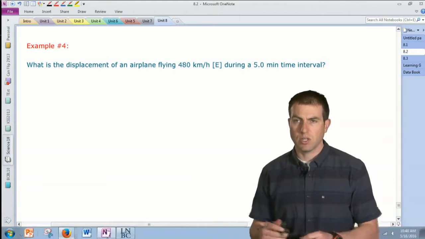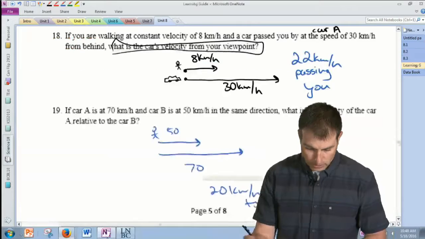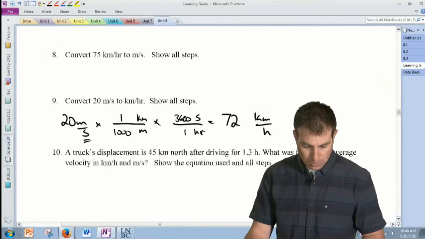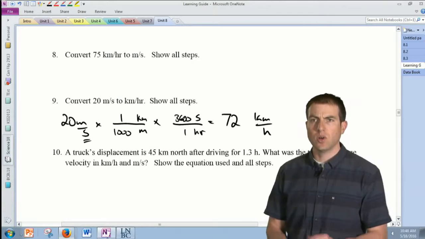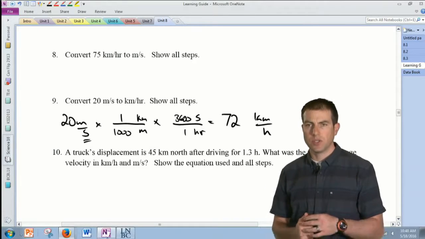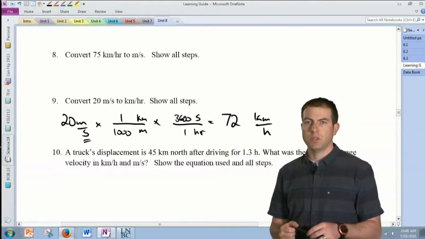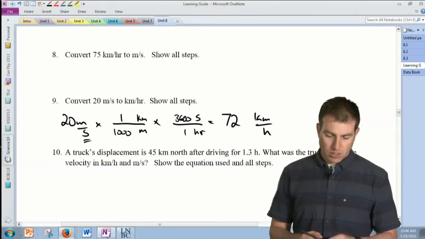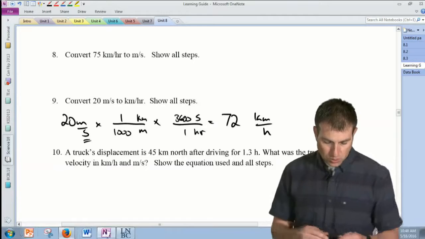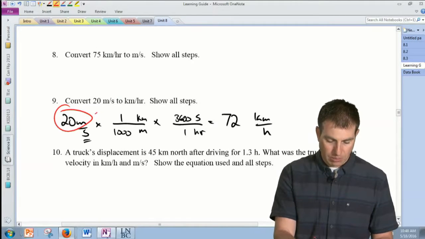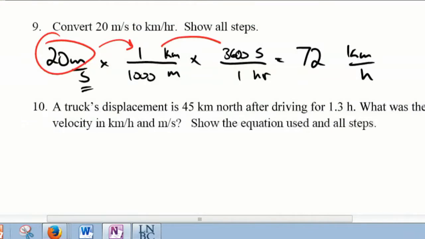Still confused about number 9 on page 4, Taylor? Let's go back. So if you do it the way you showed us first, you multiply and divide by 1. So wouldn't it just be what you started with? So in this case, Taylor, we're going to take 20 and then multiply it by 1, multiply it by 3600.